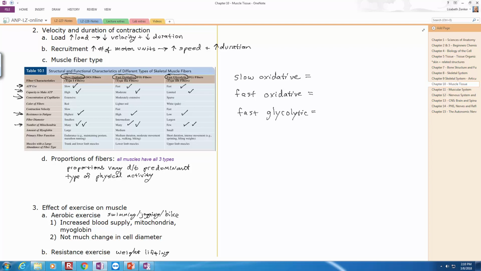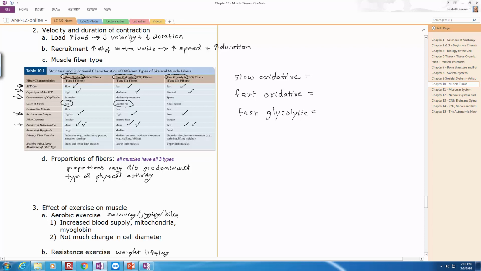So what color do you think it will be if you have high amounts of all of those things? Hemoglobin and the red of the blood and red of the muscle, same thing. So that's why slow oxidative are red fibers. Fast oxidative says lighter red, but you can still consider it a red fiber. It's not pink, it's just not quite as red as the other one.